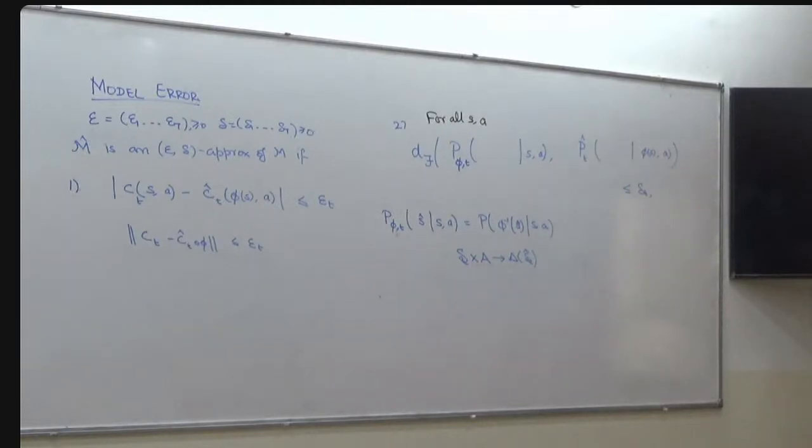So I want to look at the mismatch operator for some function V hat, and recall that this was equal to the model operator applied on V hat composed with phi, minus the hat model operator applied on V hat composed with phi.